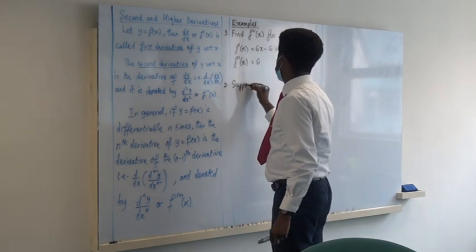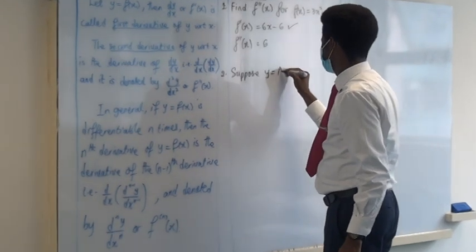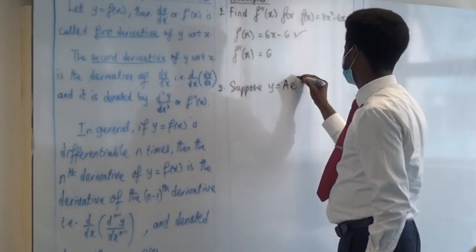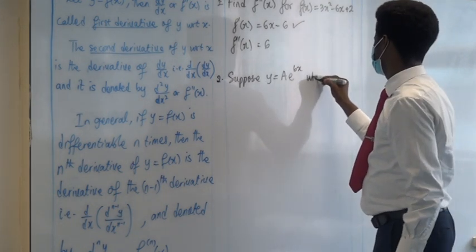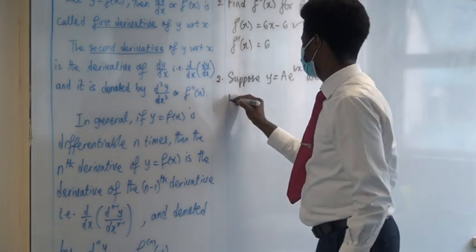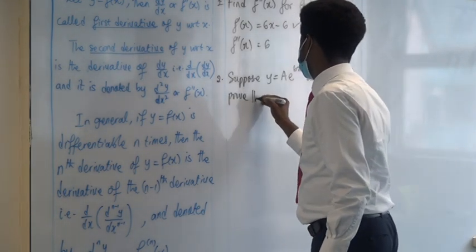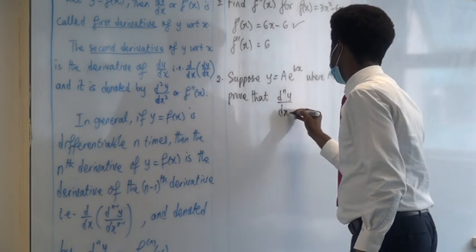Suppose y equals A e to the power of bx, where A and b are constants, so a, b belong to R. Prove by mathematical induction that d^n y over dx^n equals the nth derivative.